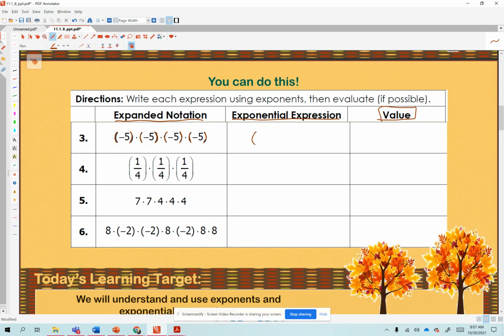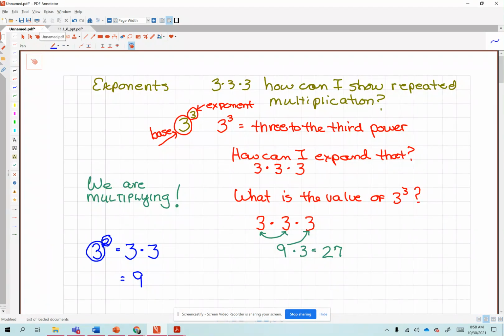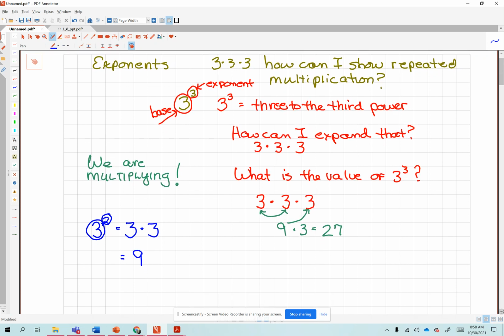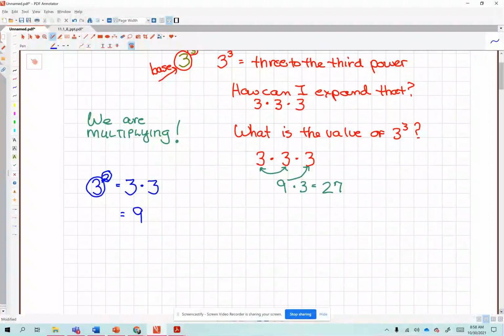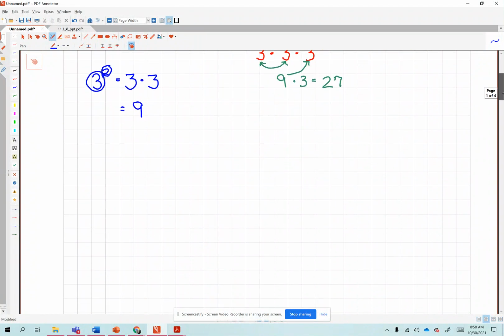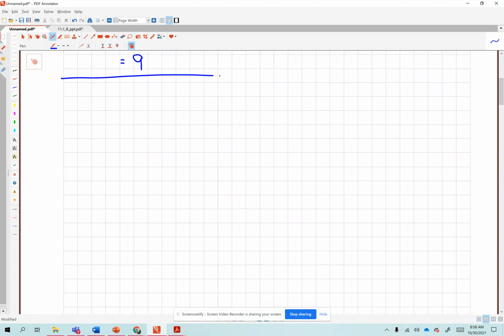So this would be parentheses negative 5 to the fourth power. But let's go to our scratch paper again and think about that negative 5.